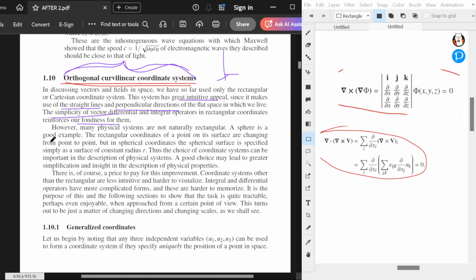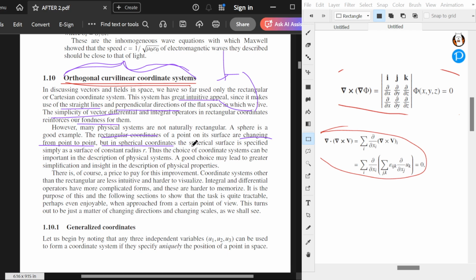A sphere is a good example. The rectangular coordinates of a point on its surface are changing from point to point. What does that mean?